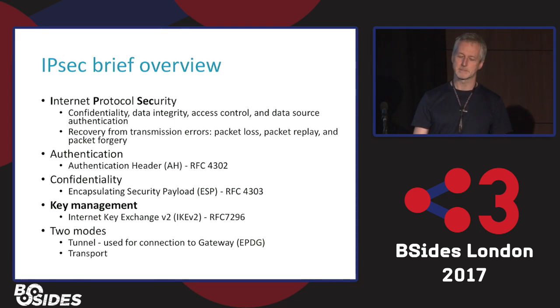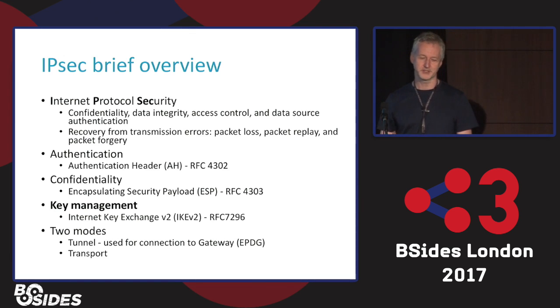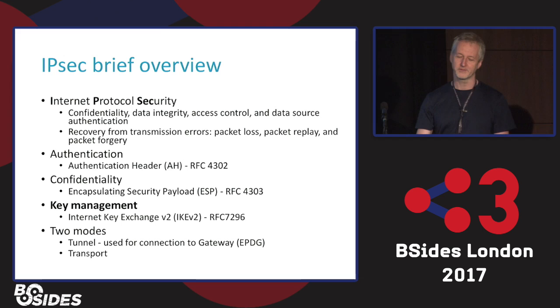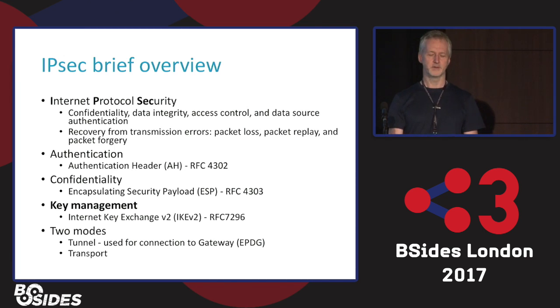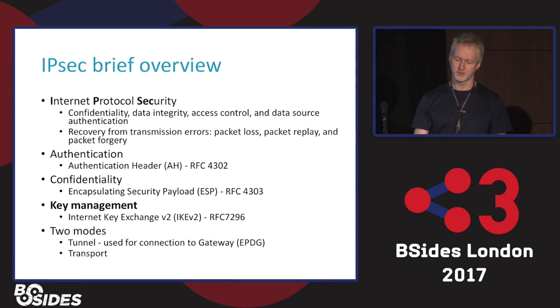Now, just a brief IPsec overview for those of you who aren't familiar. IPsec, Internet Protocol Security, is actually a suite of protocols and provides confidentiality, data integrity and access control. Within that suite, you have the authentication header, AH, and the encapsulating security payload, ESP, and then you've got key management, which is what we're interested in here, IKE v2.